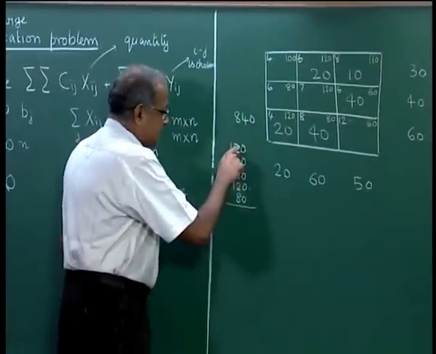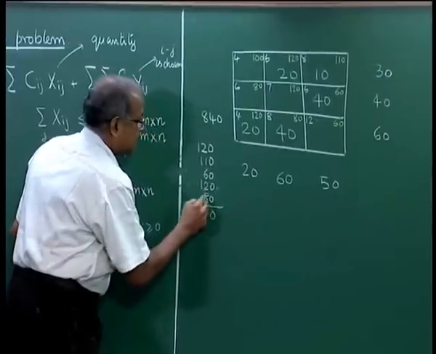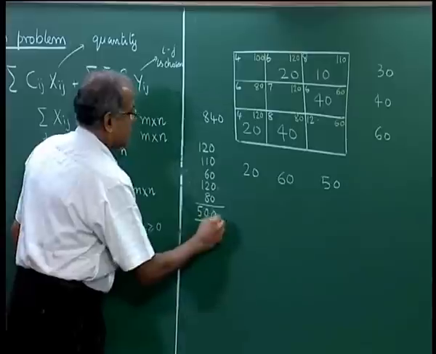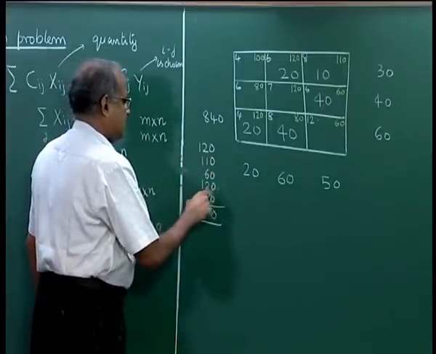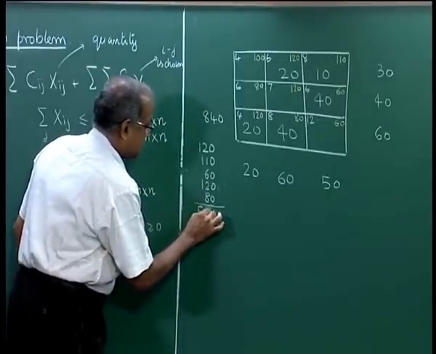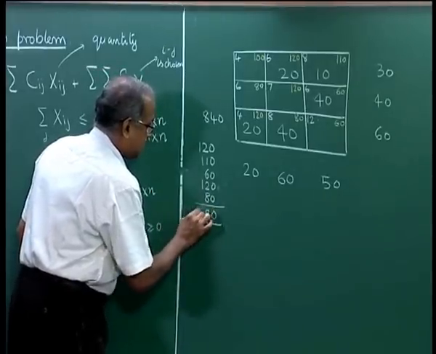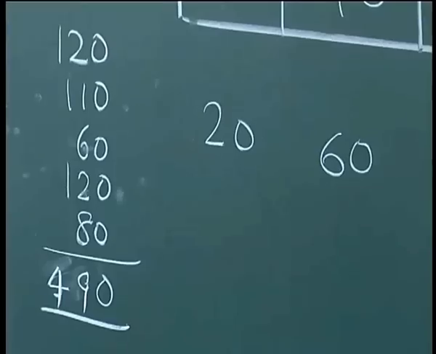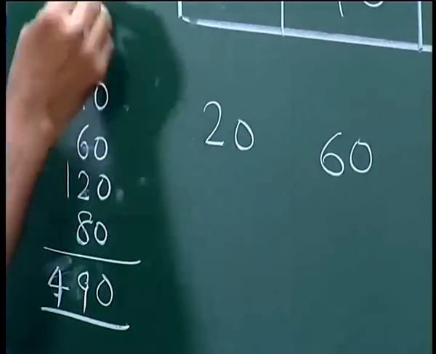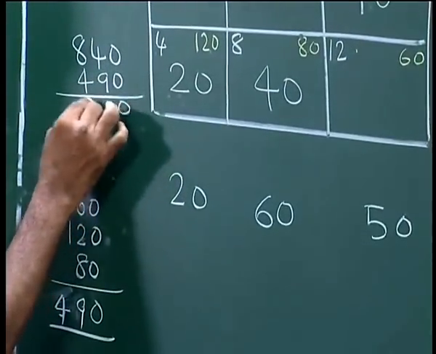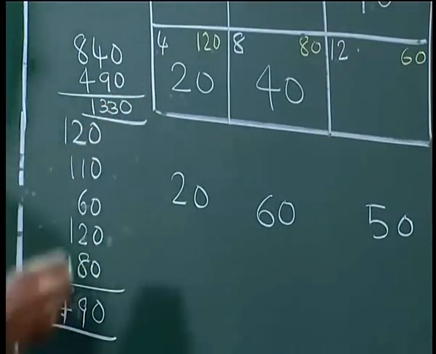So, this would give us a cost of 490. So, the total cost will be 840 plus 490, which is 1330.